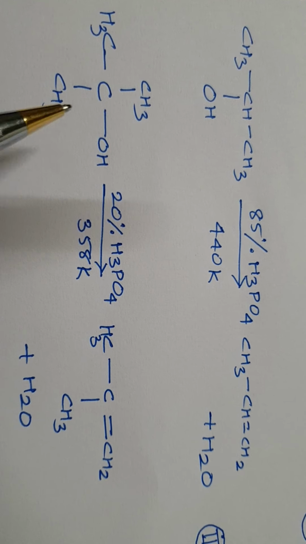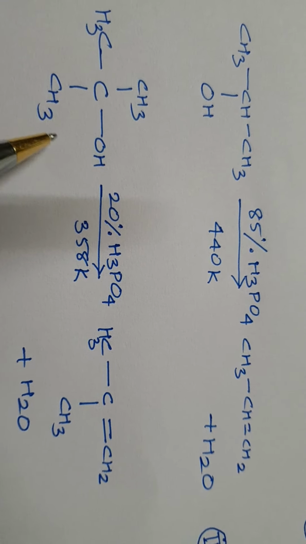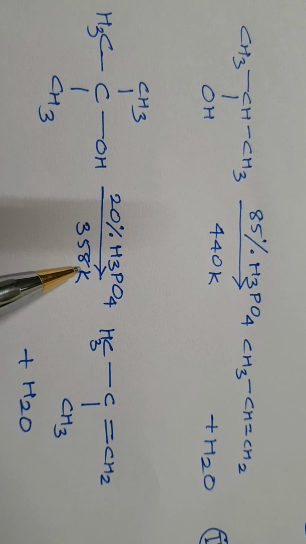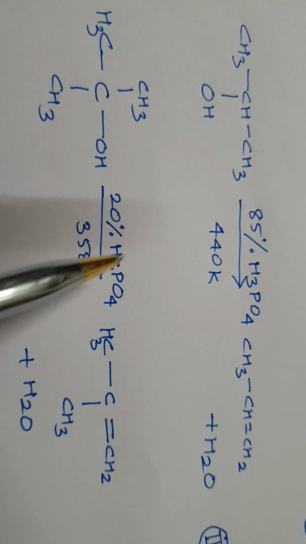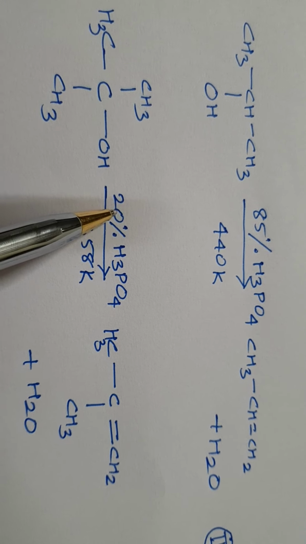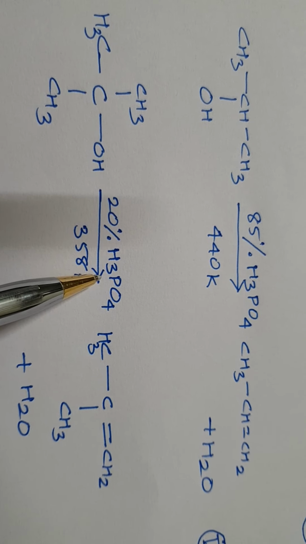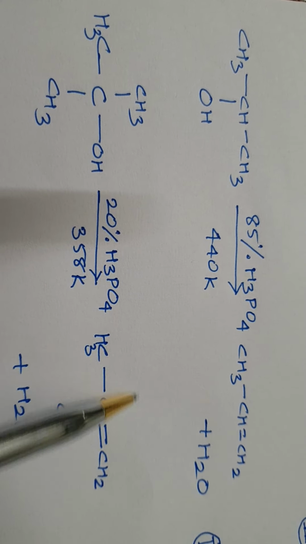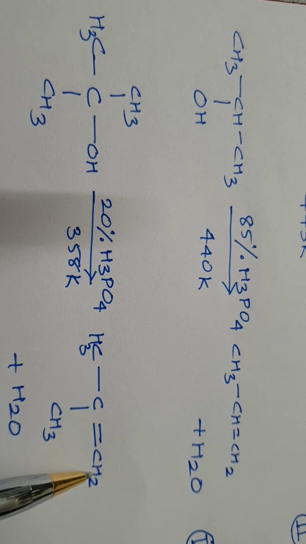I have a tertiary alcohol, and this tertiary alcohol will react at 358 Kelvin, and just a use of 20% phosphoric acid is enough for it to give you alkene as your product.